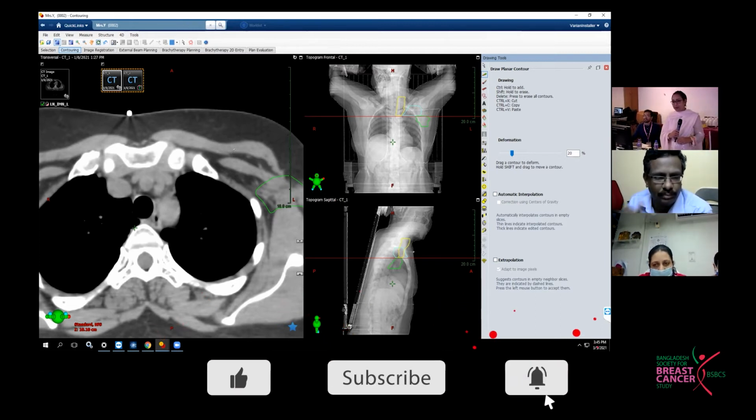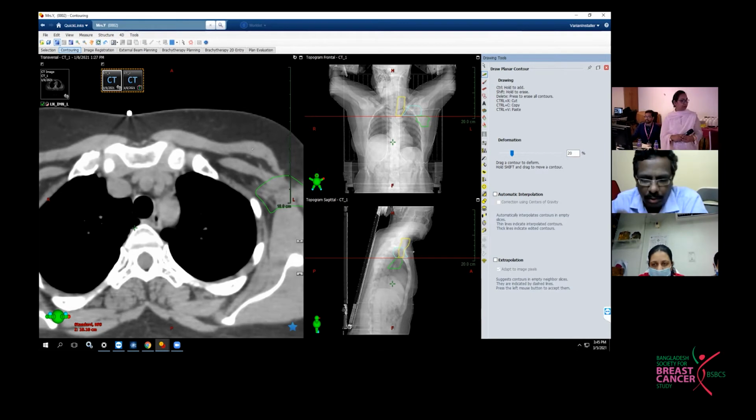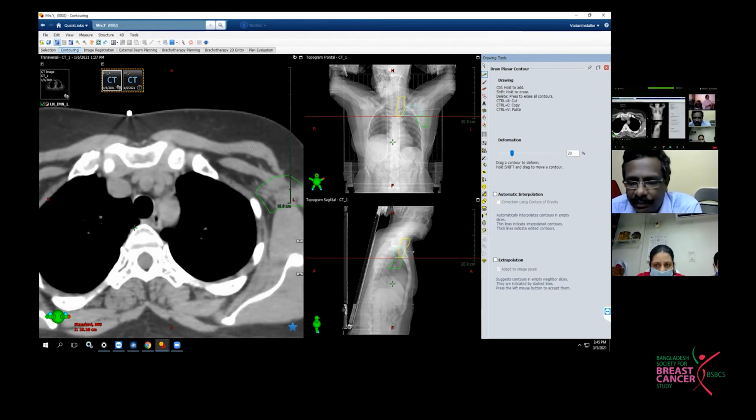Rajesh, what is your policy? For bolus, for all T4 patients, we definitely use bolus, but we use it for 50% of the fractions. We don't treat the full course with bolus. We divide the plan into two, 50% with bolus and 50% without bolus.